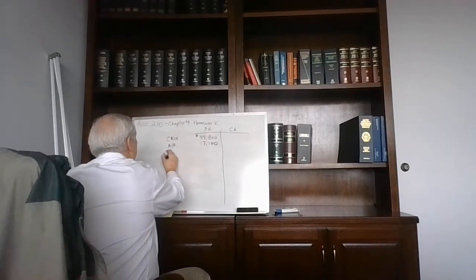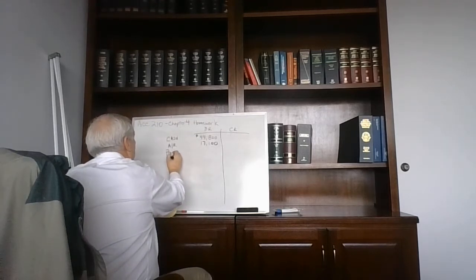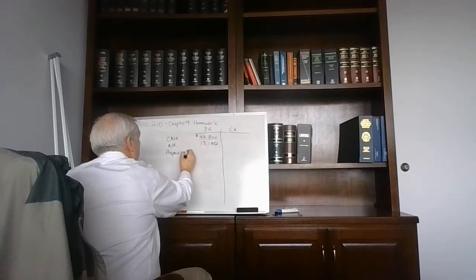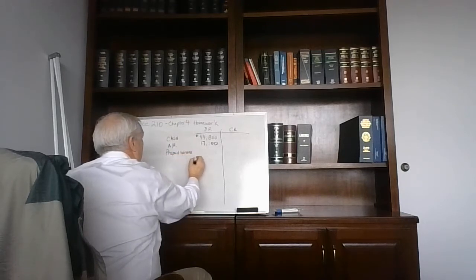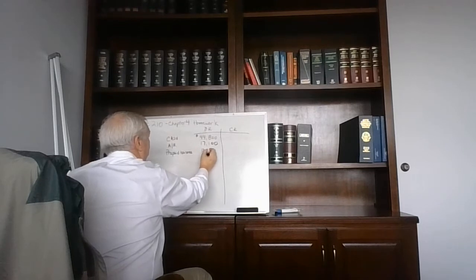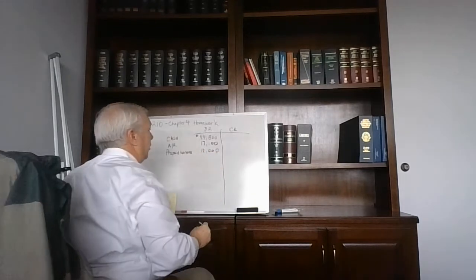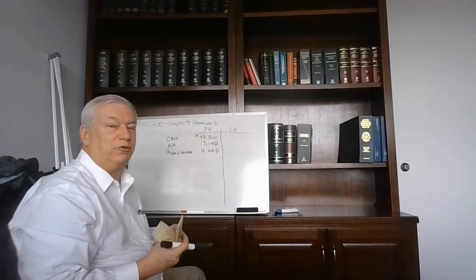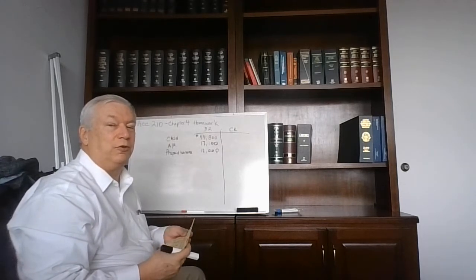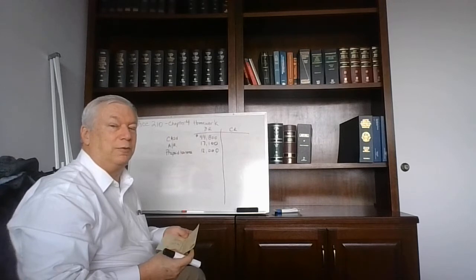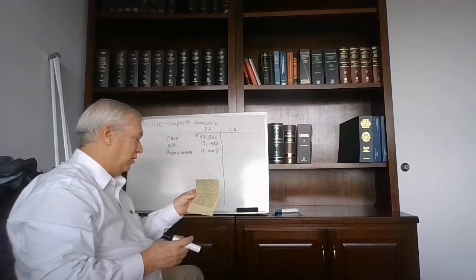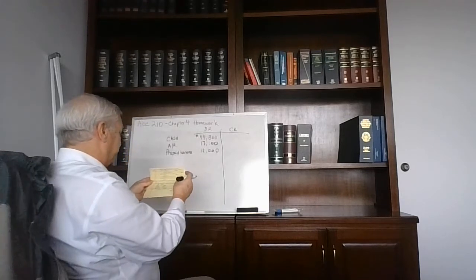So prepaid insurance is $12,000 after the $4,000 adjustment. Now you maybe had to do some T accounts in order to do this. I mean, we did the journal entries just a minute ago, but let's go ahead and finish this.